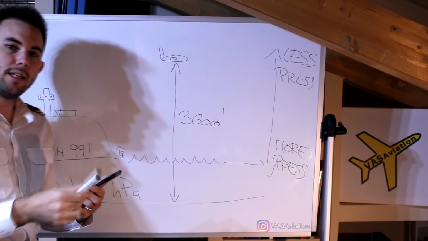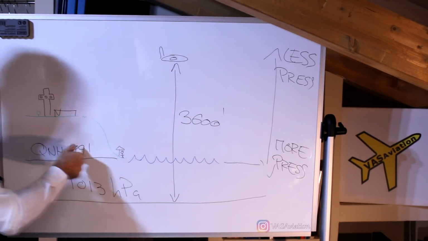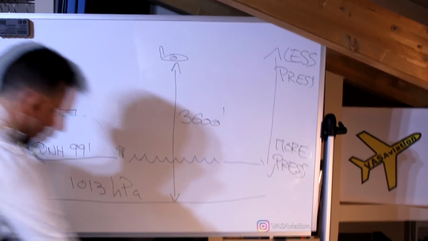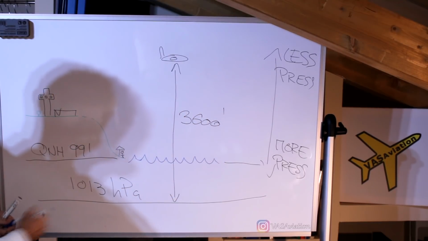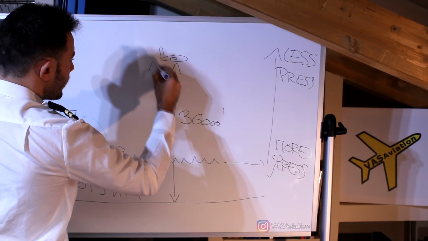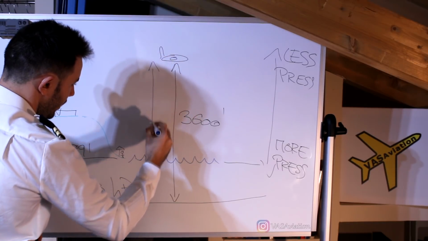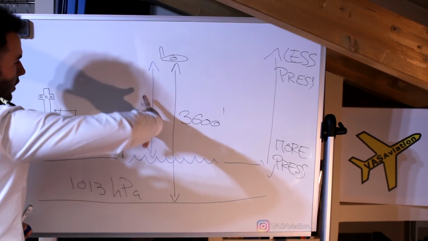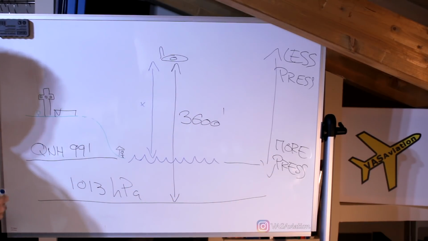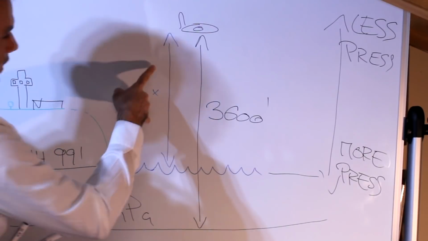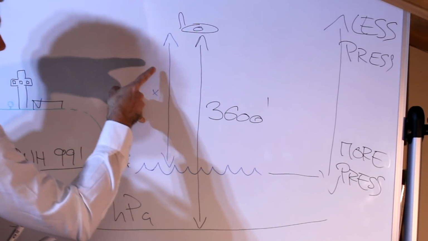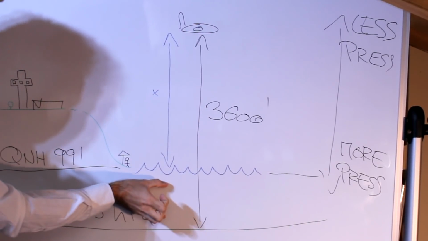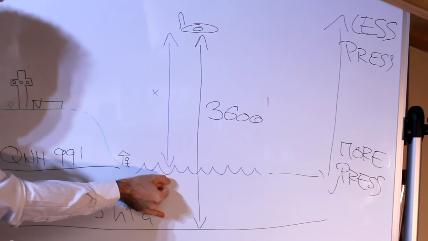Now the altitude indicated if we set 991, that's what they're asking for. We want to know what the reading on the altimeter will be if we set 991. We need to know this distance. To measure this distance, it's obvious that this blue distance is the black distance minus this distance.